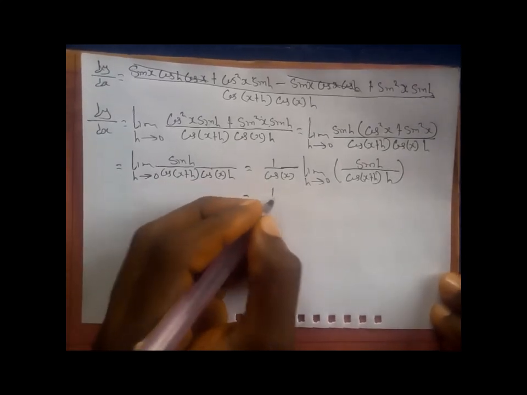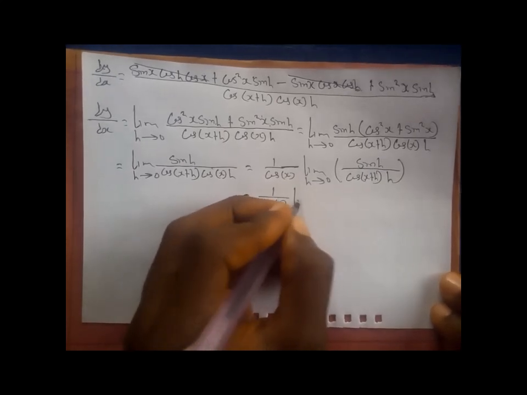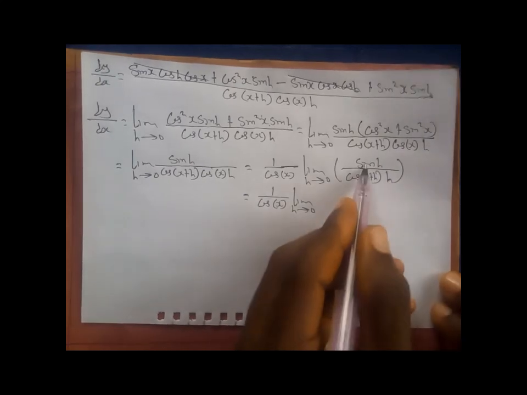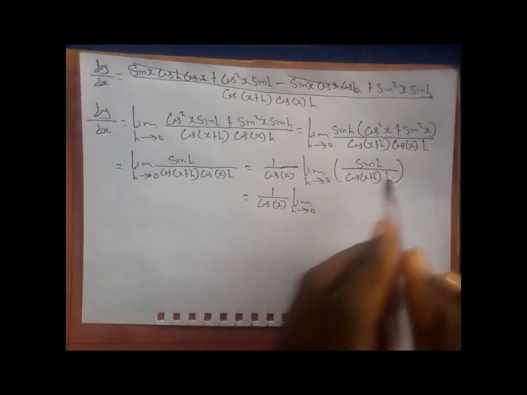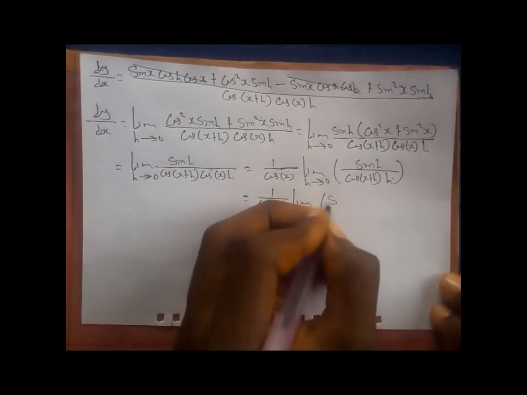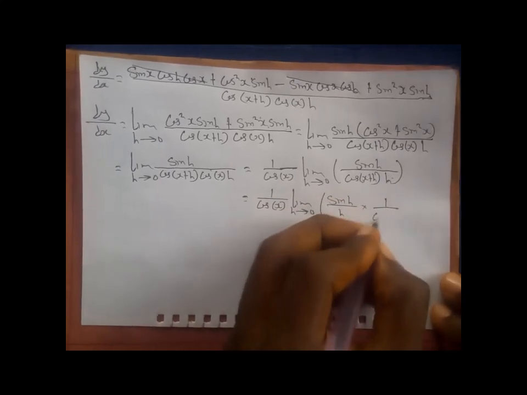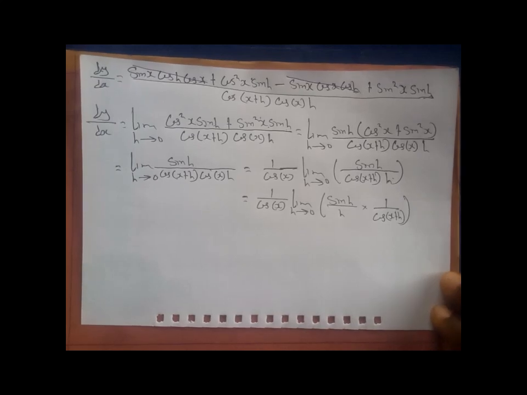Now we have 1 over cos x multiplied by the limit as h approaches 0. So what I'd like to do is attach the h along with sin h, while I split cos(x plus h) outside. Then we have sin h over h multiplied by 1 over cos(x plus h). Perfect. Now we can distribute the limit.